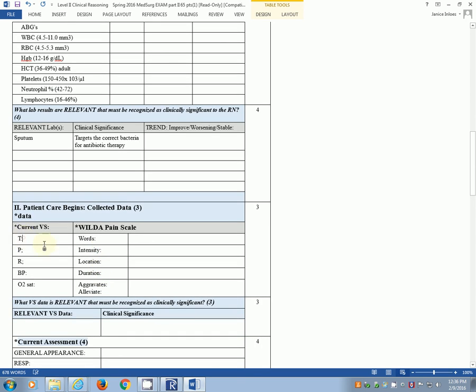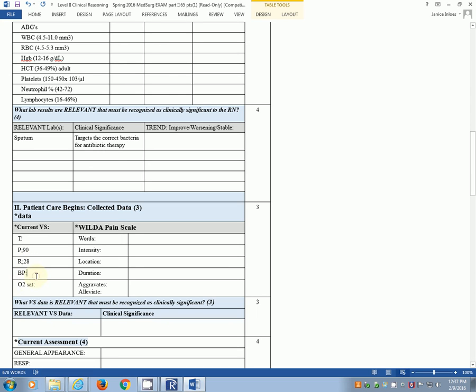Our current vital signs, we'll type those in. Basically, for someone who came in with pneumonia, we are missing a temperature here, so that's not good, is it? So her pulse was 90. Her respiratory rate was 28.